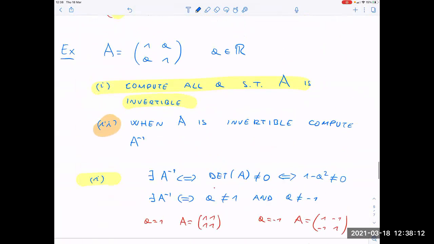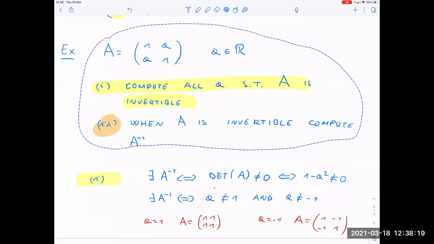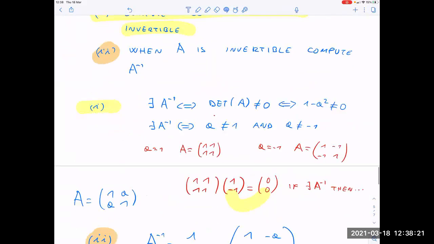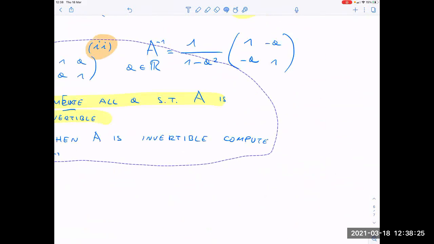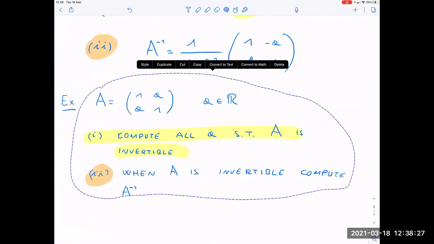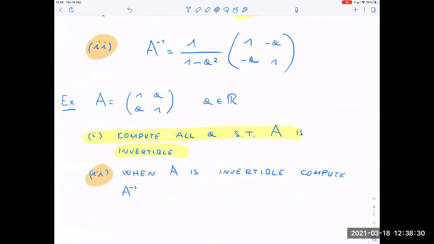So if you don't have any special question, I suggest to you a new exercise, which is here. So I take the same kind of thing, but I change the matrix a little bit.